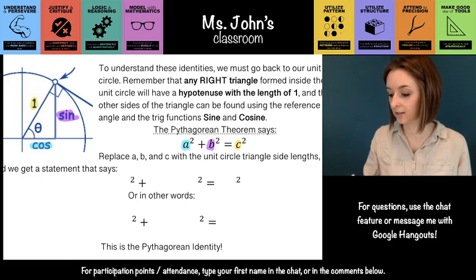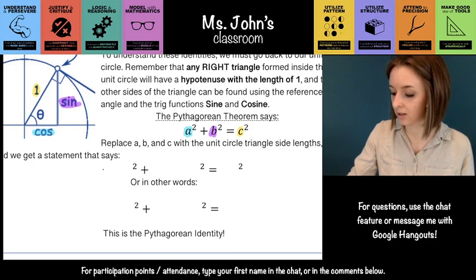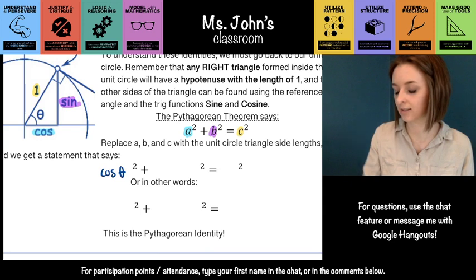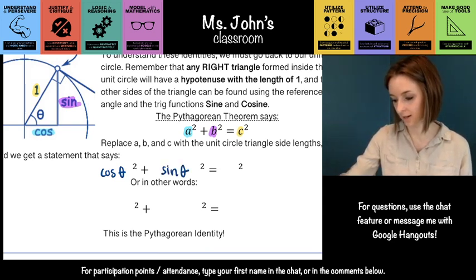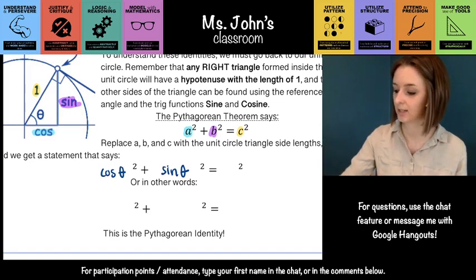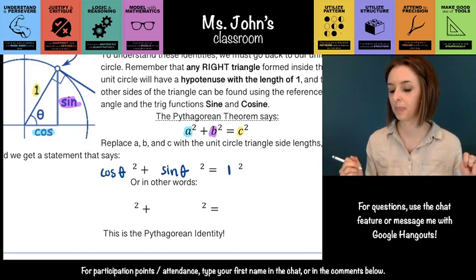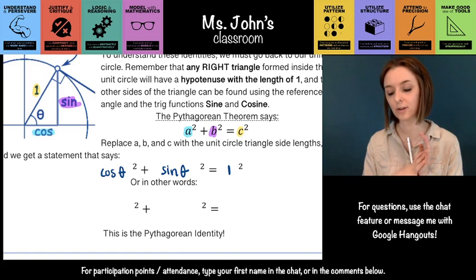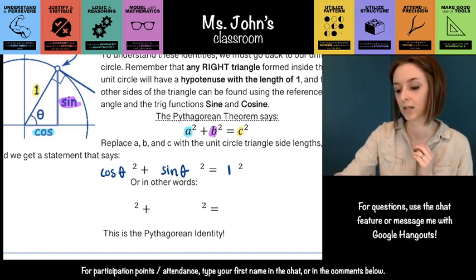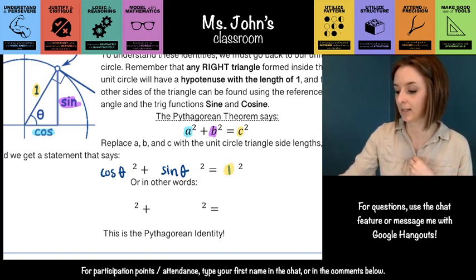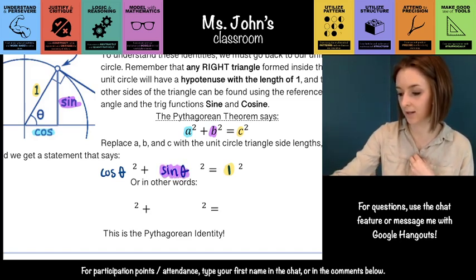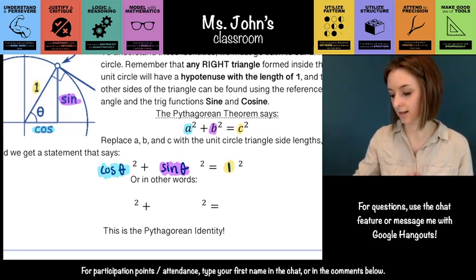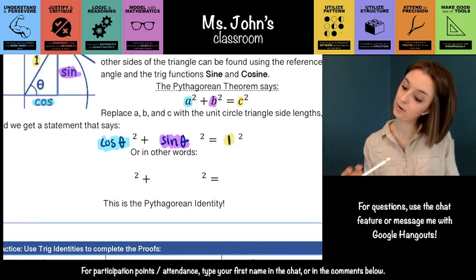So in those blanks go these expressions: cosine of theta, sine of theta. I'm just replacing A, B, and C with the values from that unit circle triangle. This is just explaining where the Pythagorean identity comes from, because it's good to understand that stuff. So now we've replaced it.